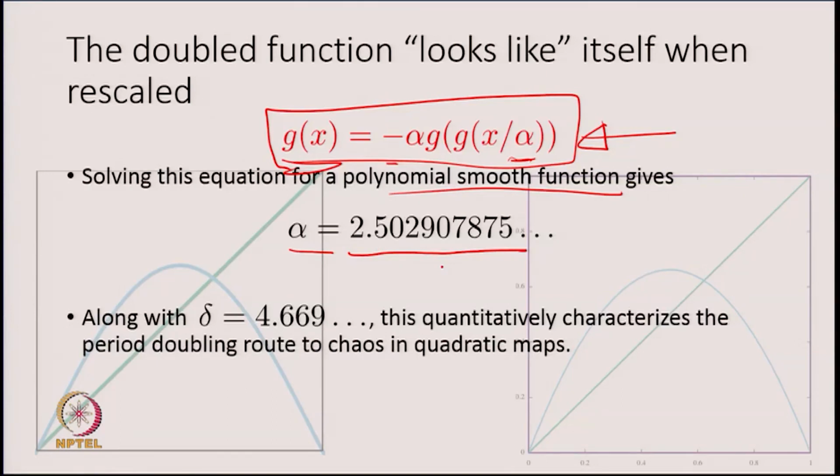So, requiring the doubled function to look like itself and asking for this function g of x to be of a polynomial type, that gives you this universal number 2.503, and along with delta, which is 4.669, these two numbers quantitatively characterize the qualitative statement of a period doubling route to chaos for quadratic maps.